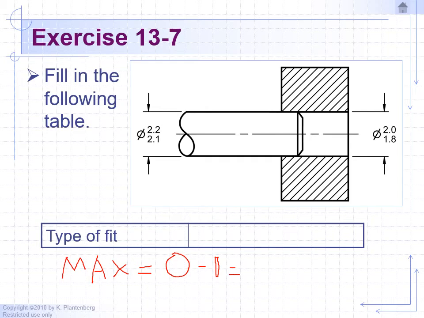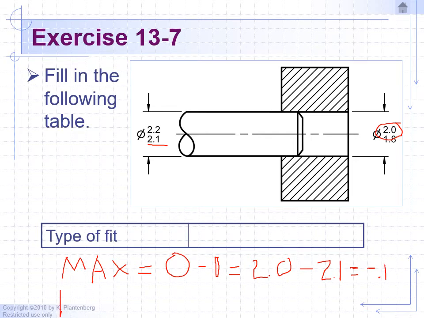Okay, so the largest hole allowed is 2.0 diameter, so it's 2.0. And we're going to subtract the smallest shaft allowed. So the smallest shaft allowed is 2.1. And we're going to end up with a negative 0.1. Negative 0.1 for our maximum.